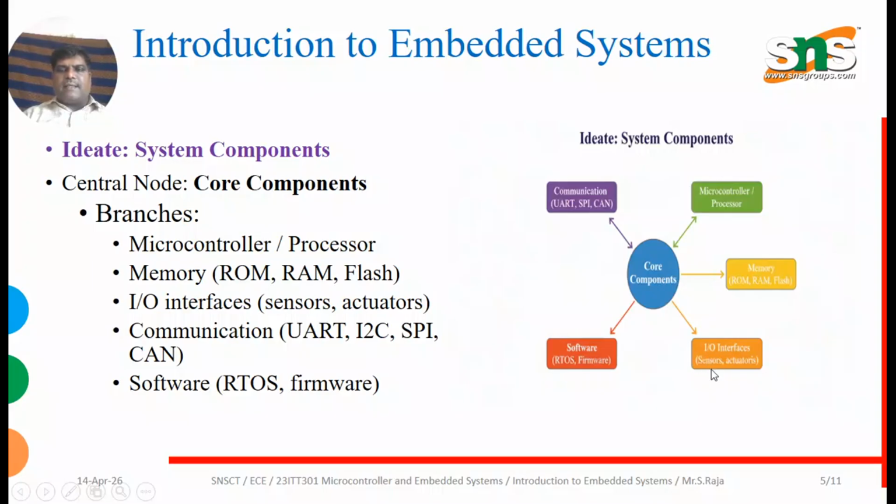Here, the sensor is the input device and the actuator is the output device. For example, if you want to measure the temperature in a room, the temperature sensor is the input sensor. Depending upon the measured temperature, if you want to switch on the fan so that it rotates, the switching is done by using the actuators.